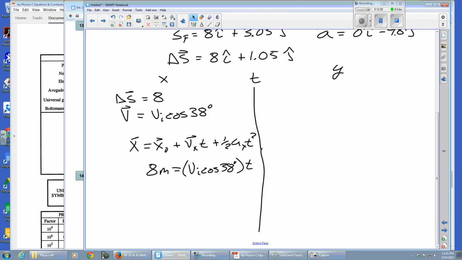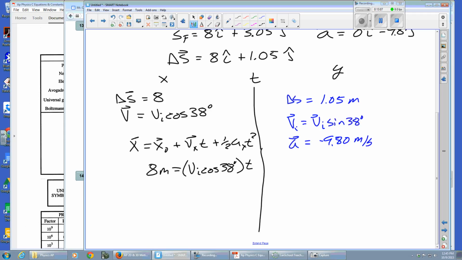On the y side here, my delta s is 1.05 meters. My velocity is vi, my initial velocity, sorry, vi sine 38 degrees. My acceleration, of course, is negative 9.80 meters per second squared. And putting that in, the other way to look at it is rather than looking at the delta x, I could look at x and x naught, right?